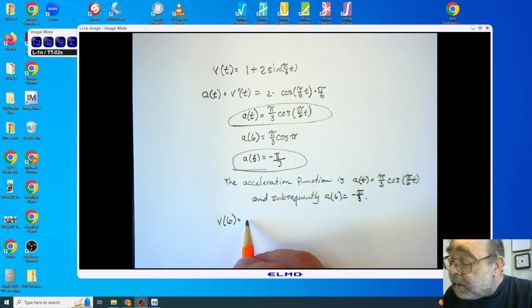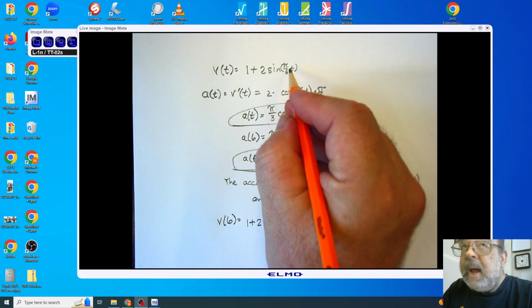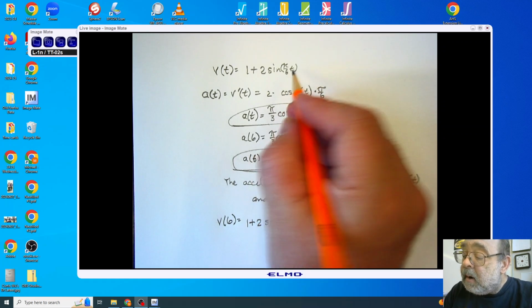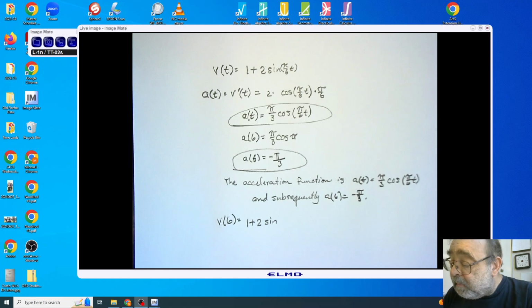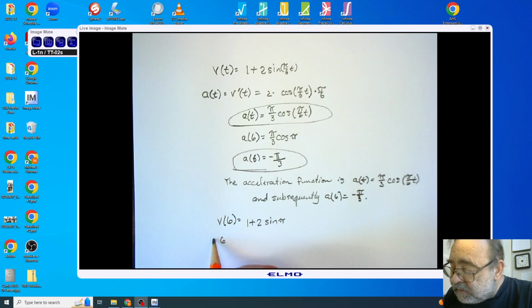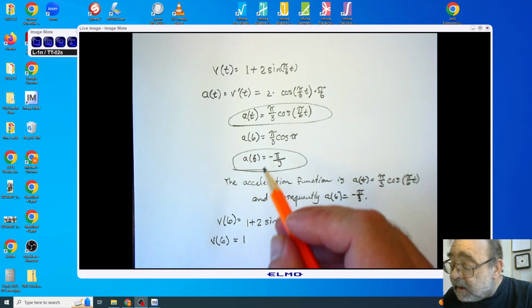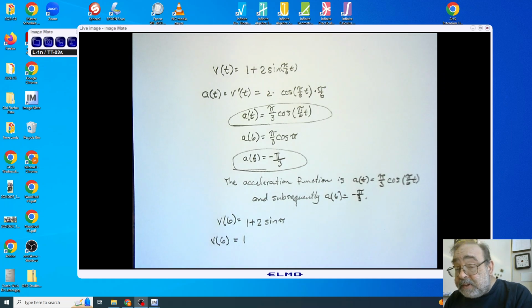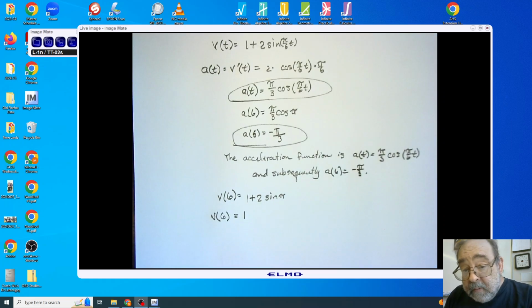So, what do we get? 1 plus 2 sine, once again multiplying and putting in the 6 right here, I end up getting the sine of pi. But the sine of pi is 0, which means that v of 6 is 1. Notice that the velocity at 6 and the acceleration at 6 have opposite signs, and that's ultimately how I'm going to write this. When velocity and acceleration have opposite signs, the speed is decreasing.